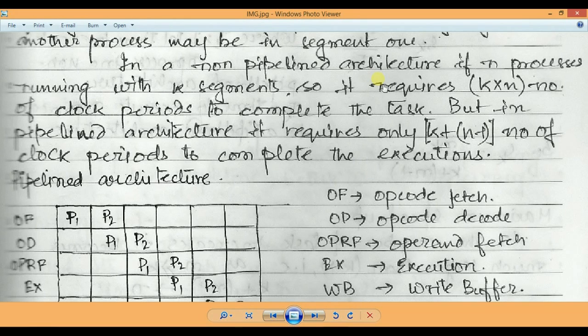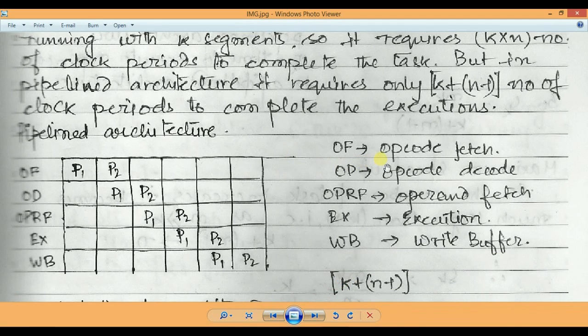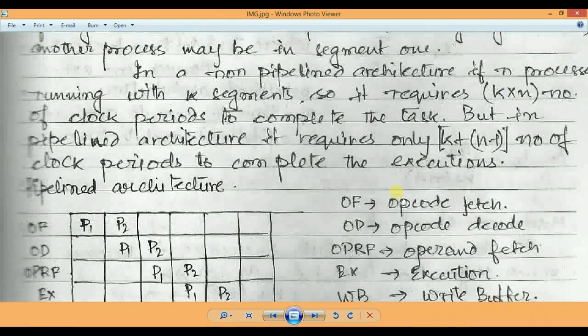But in the case of pipelined architecture, it requires only k plus n minus 1 number of clock periods to complete the execution. I shall discuss later why it is this way.